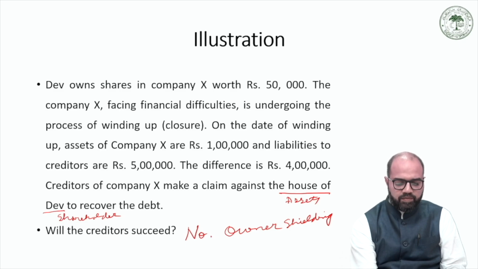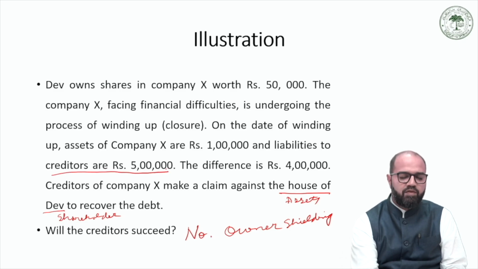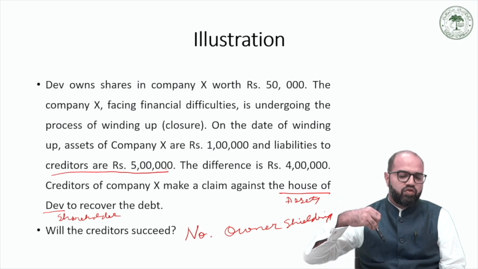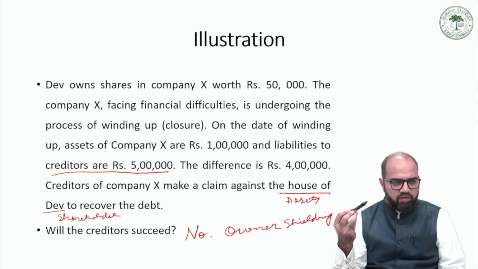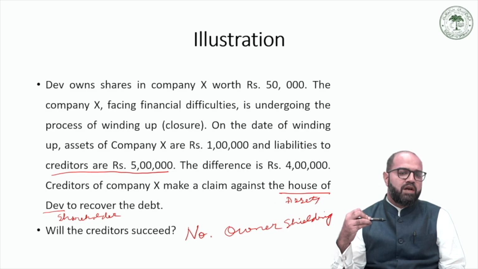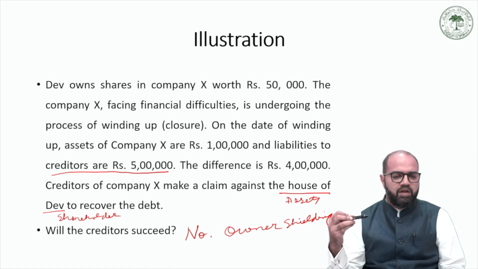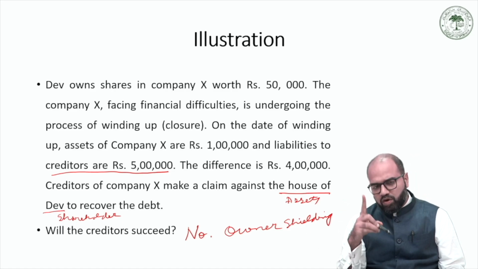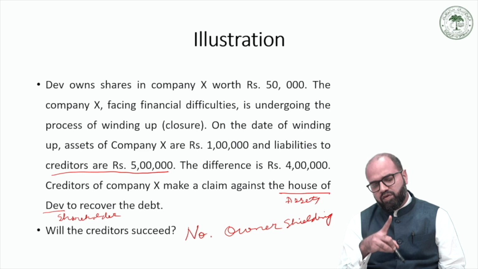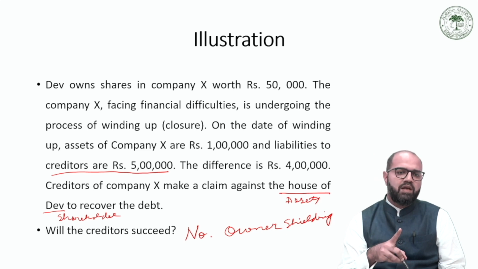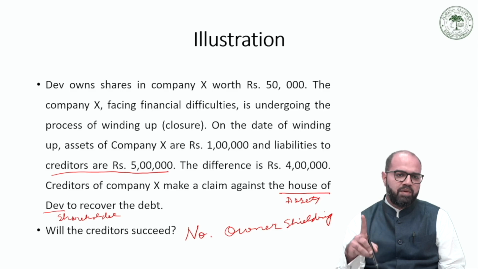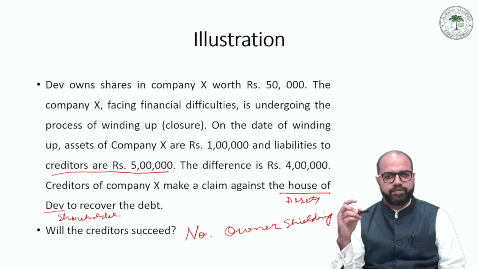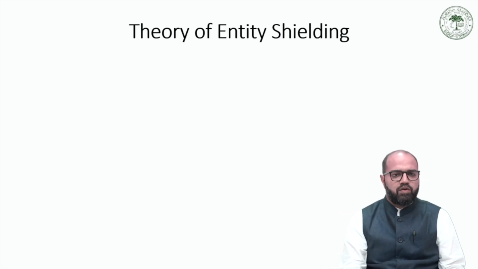So this 5 lakh is a liability which the company owes to its creditors and not an individual liability of the shareholder of the company, who is Dev. So because of the operation of the theory of owner shielding and limited liability, in such a scenario the shareholder remains protected. Now let us move on to the theory of entity shielding.